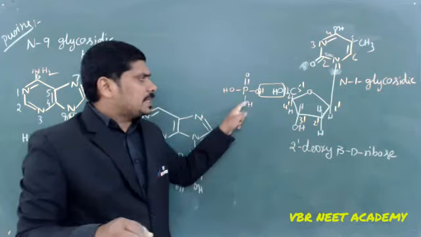With one more phosphoric acid, it is called a nucleoside diphosphate. Then one more, and it's called a nucleotide triphosphate, NTPs. With adenine: adenosine monophosphate, AMP, adenosine diphosphate, adenosine triphosphate.